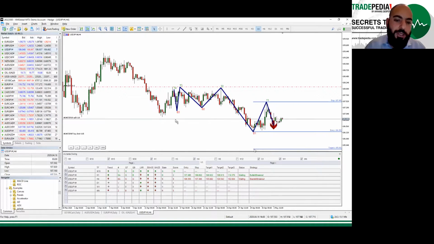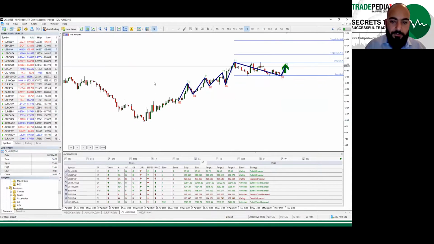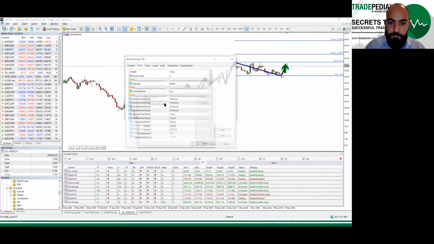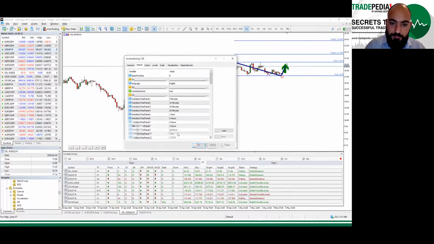Now, of course, you can decide from the parameters of this indicator. If you go here, you can choose which time frames to show here. So if I want to trade the 1 minute, I can choose that I want the 1 minute instead of the 5 minutes.